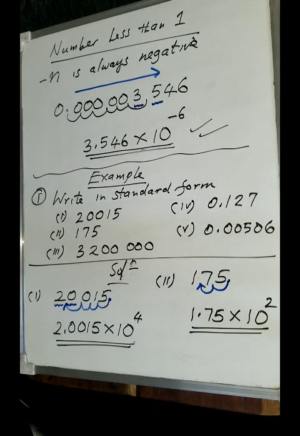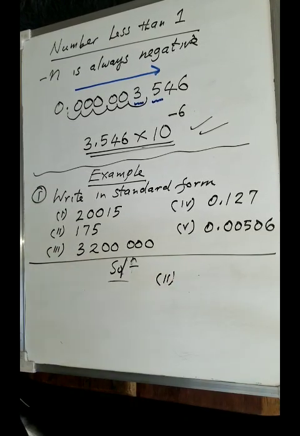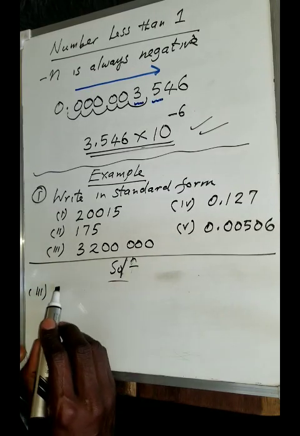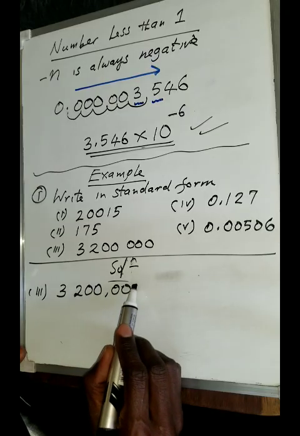I hope it's making sense for you. All right, let's look at number 3, they have actually given us 3,200,000.